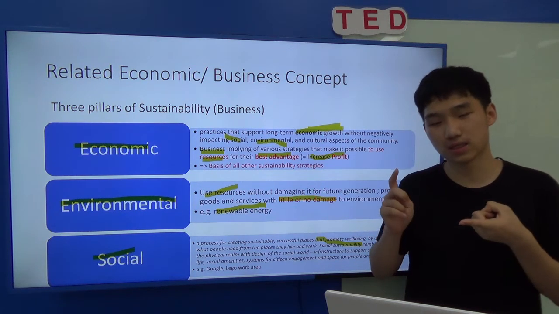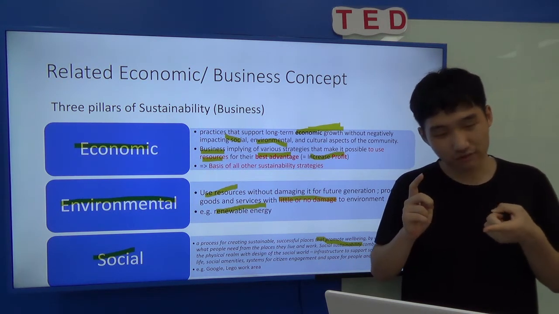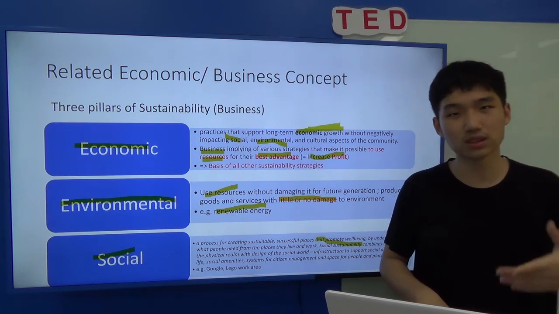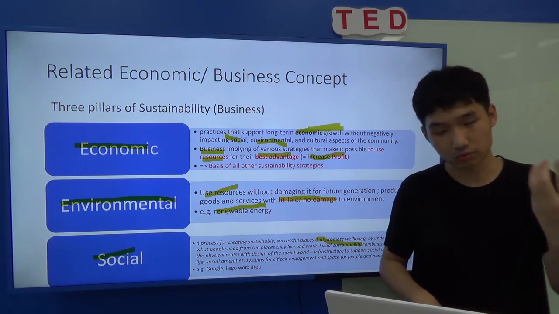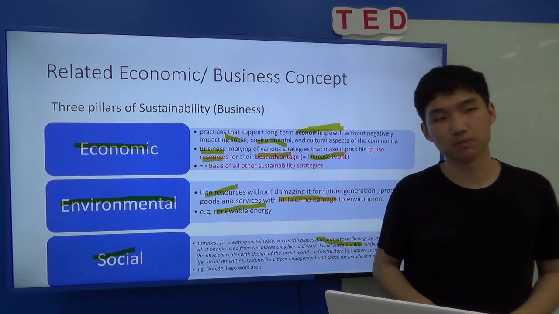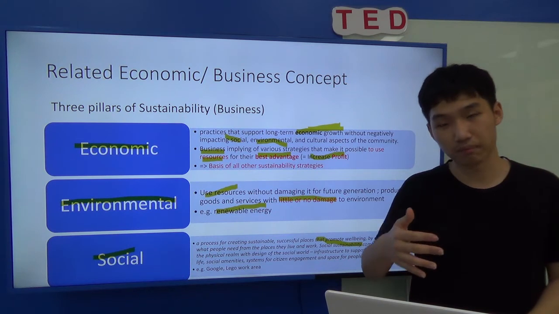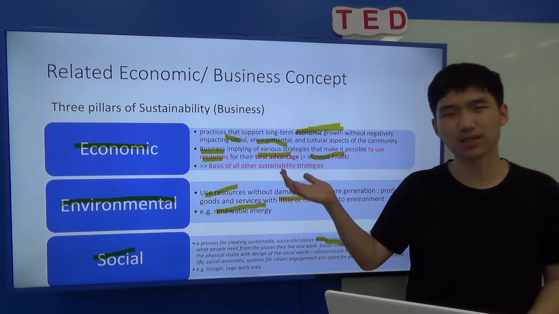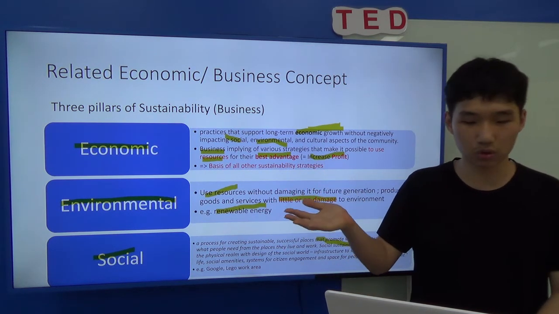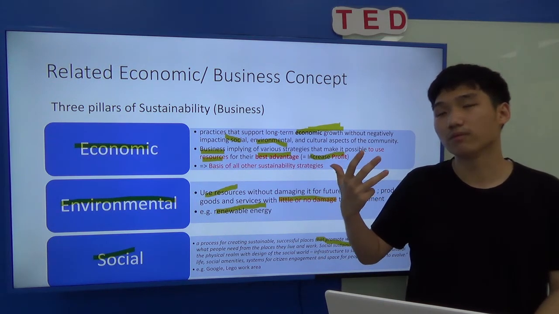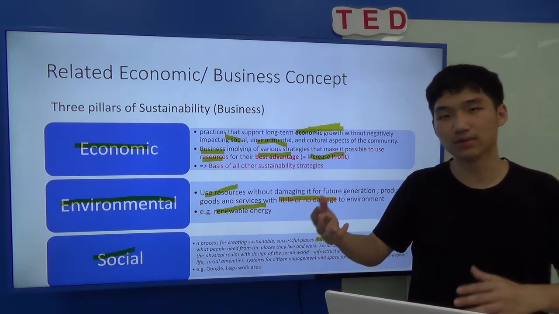It encourages and guarantees the well-being of the employees. For example, it can be shown by better workplaces. If you see the workplace of Google or Lego, they have very employee-friendly workplaces.